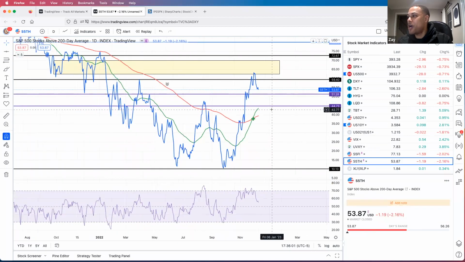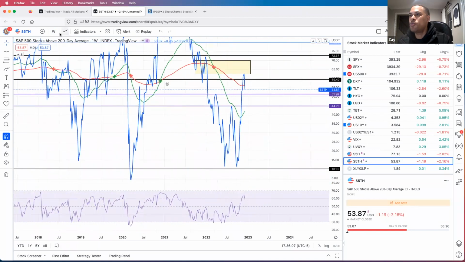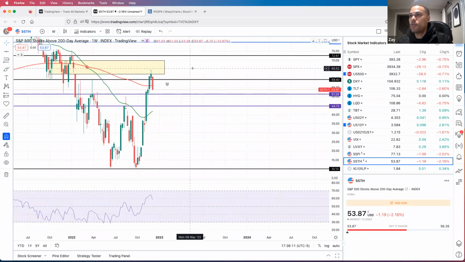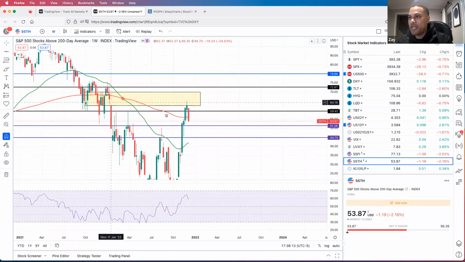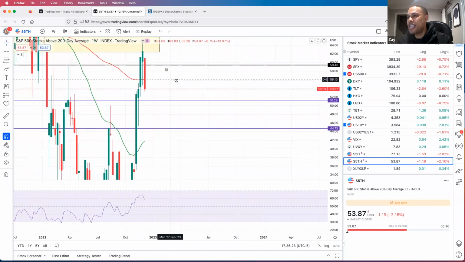Let's look at our S&P 500 stocks above the 200-day. The same situation is kind of playing out with this one. When we first started talking about it, we had some weekly gaps in this area, right? This is the area that we had highlighted. We got into that area, and then we started to reject off of it and turn. Once again, we're only turning to this gap area.